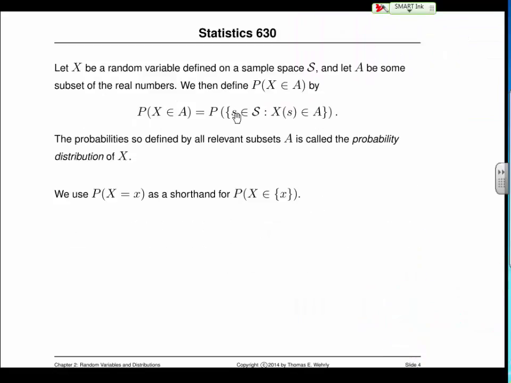Okay, so what I've done in symbols then, A is some subset of the real numbers. Well, A was just a single value 1.